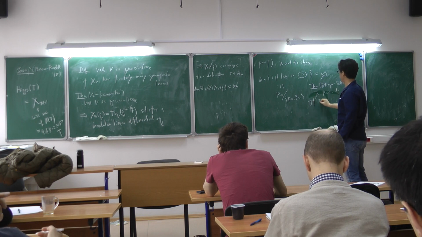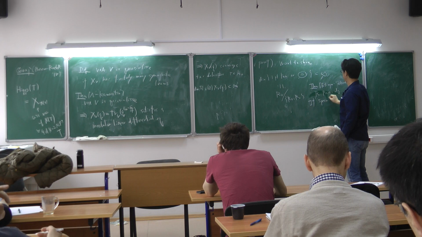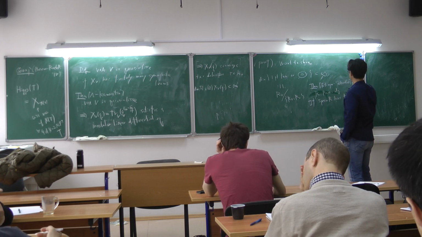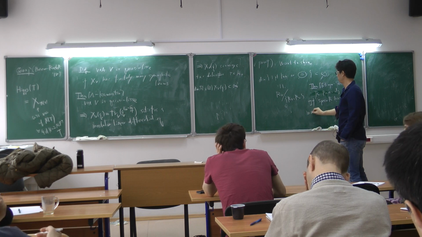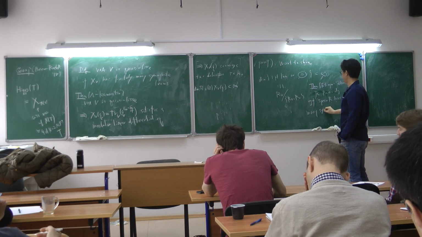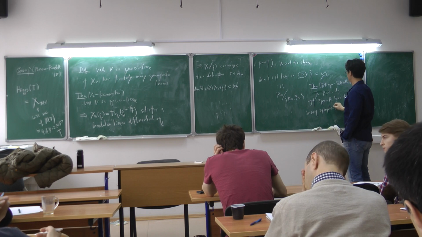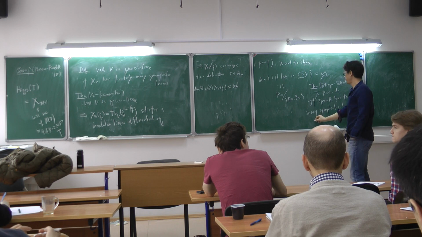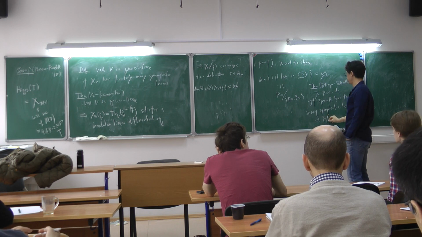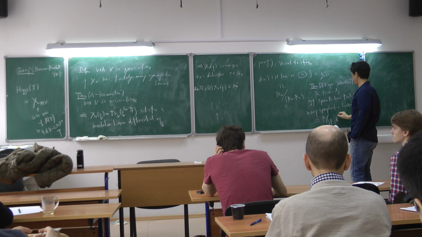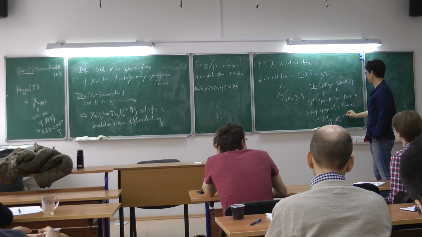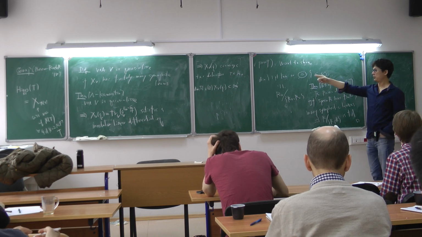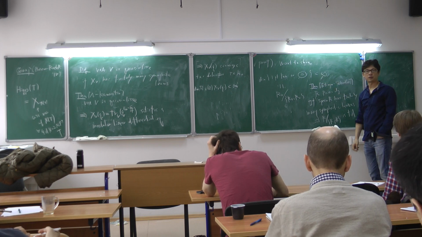If Spec of R has finitely many symplectic leaves, then this quotient space, the Poisson homology space, is finite dimensional. So if you admit this theorem, it almost follows from the definition.